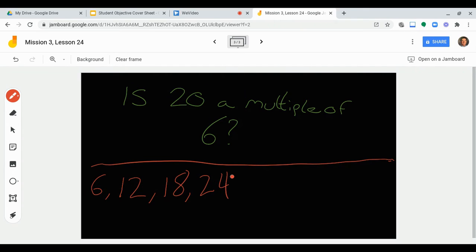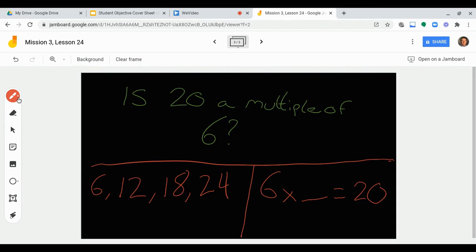I can also double check this by doing the multiplication trick. Can I do 6 times some number to get 20? Well, 6 times 1 is 6, 6 times 2 is 12, 6 times 3 is 18, 6 times 4 is 24.